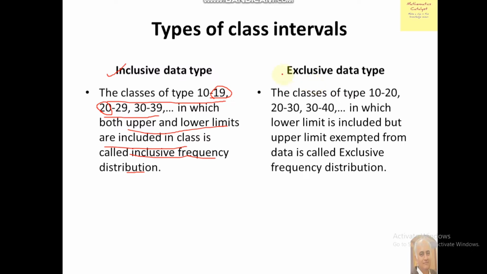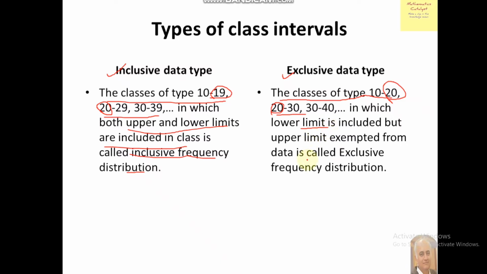And another is exclusive data type. What is exclusive? The classes of the type 10 to 20, 20 to 30, and here you can observe that the upper limit of the first class is equal to the lower limit of the second class, right? Such type of distribution is known as the exclusive data type, in which the lower limit is included. एक चीज और नोट करेंगे प्लीज, lower limit is included but upper limit is exempted from the data, which is called the exclusive frequency distribution.